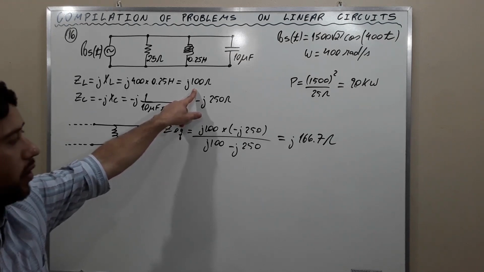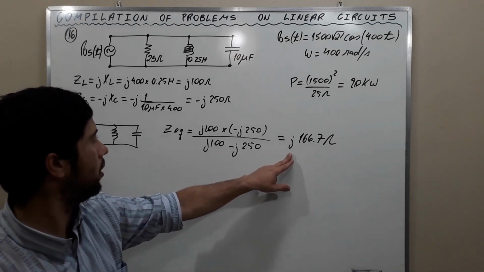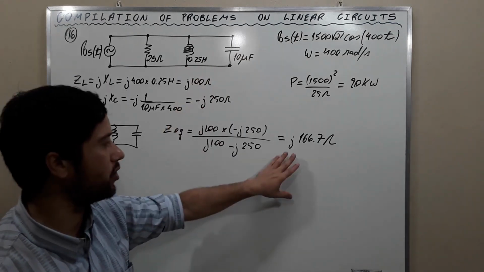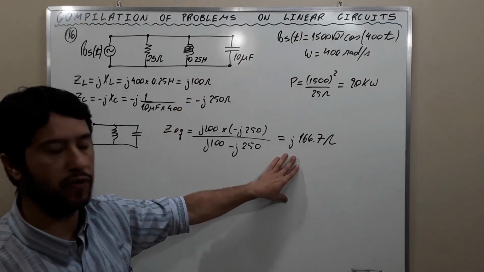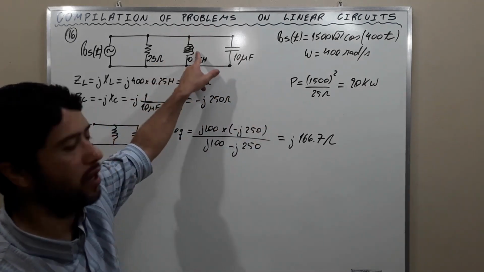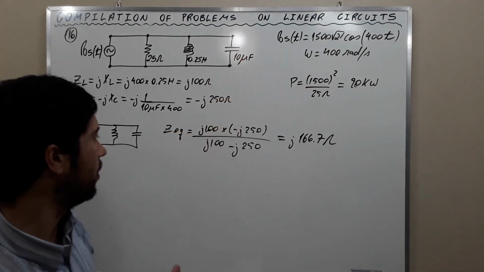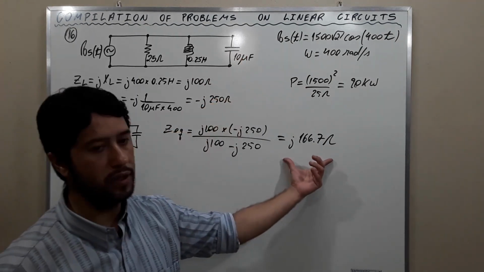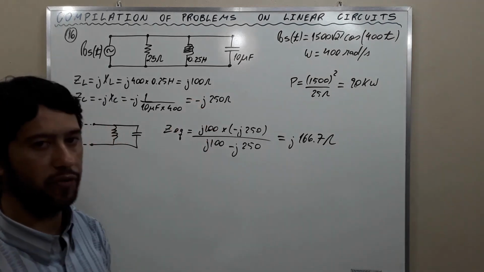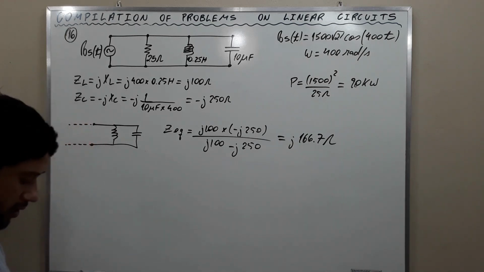What does it mean? It means that the inductive side of this parallel connection prevails. So the combination between this inductor and this capacitor is more inductive than capacitive, okay? The inductor prevails, and there is a positive sign here.